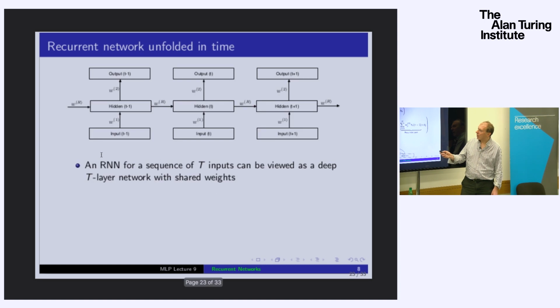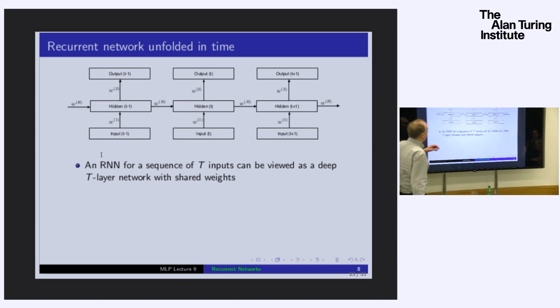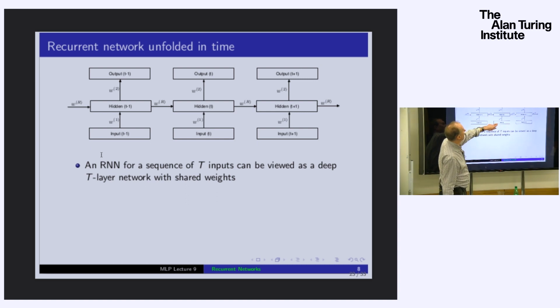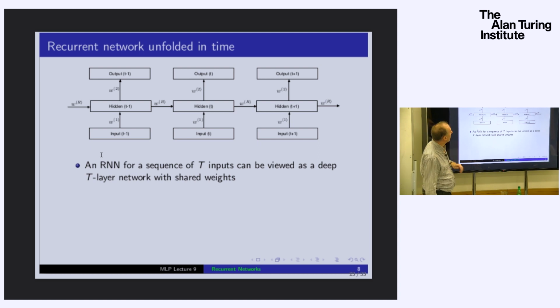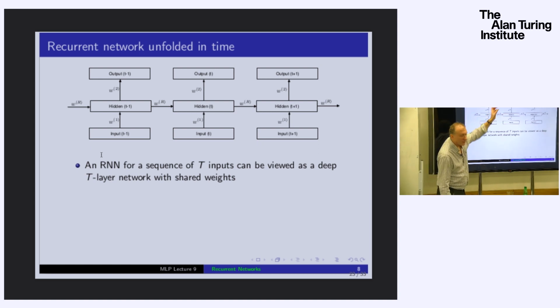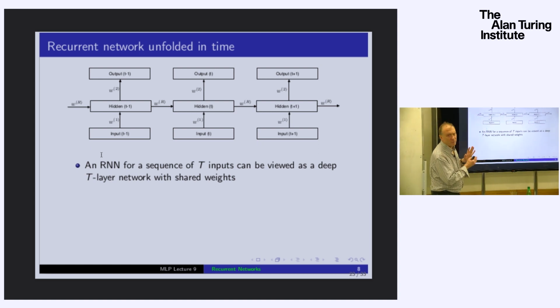So if we unfold this in time, then at time t we've got this input mapping through weight matrix W1 to the hidden units at time t. We've also got these hidden units at time t-1 mapping through the recurrent weights WR to time t here. And then we've got the output depending on this hidden state. And then we can push this process through time.